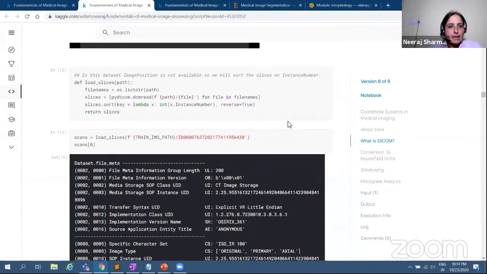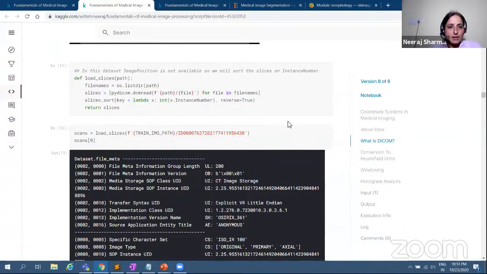So this method is not doing anything great, it is just returning. Okay, so this is the library. PyDICOM is the library available with Python, which helps in reading the DICOM files. And dcmread is the API, which goes to this particular path and returns all the slices in a list.